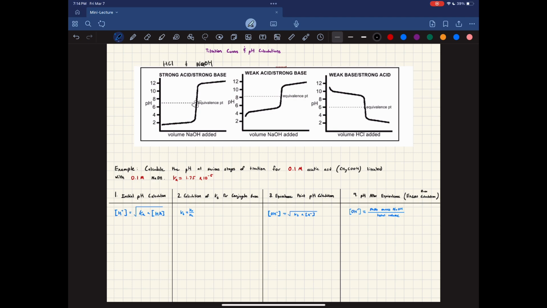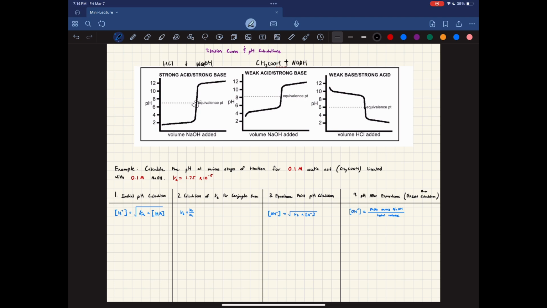Alright, next, we have the weak acid, strong base, which could be acetic acid and sodium hydroxide. The initial pH is higher, around 3.5, because weak acids only partially ionize.